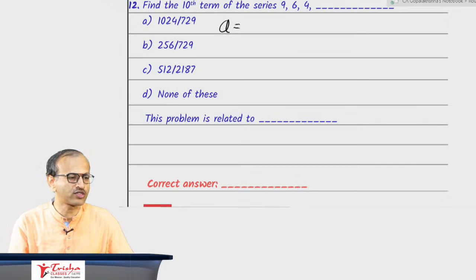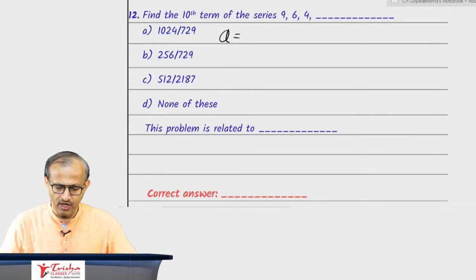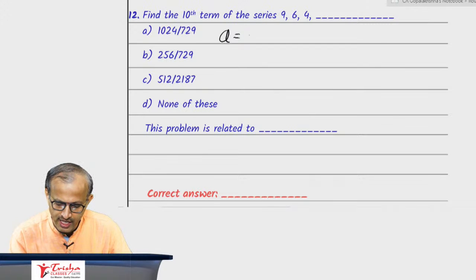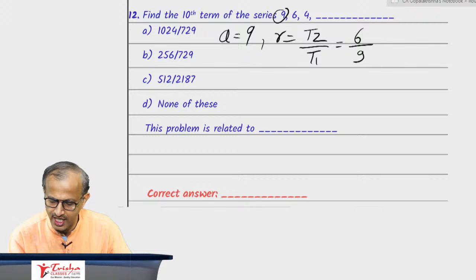Okay. Now you will be able to see. Super. A is equal to the first term, 9. What is the ratio R? T2 divided by T1. Don't hurry. Clearly you write 6 divided by 9, which is 2 by 3.